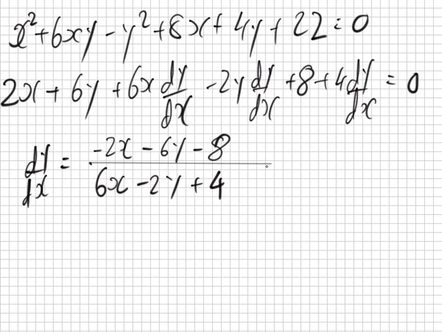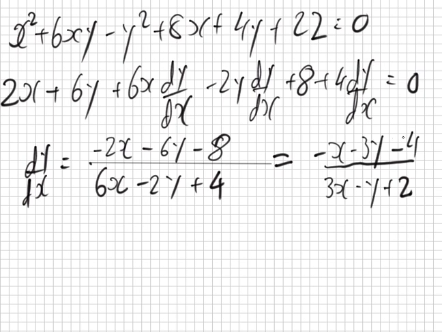Now, I'll divide everything by... I'm trying to think, should I use 2 or minus 2? Let's go with 2. So minus x minus 3y minus 4 over 3x minus y plus 2. Now they tell me that dy dx is equal to 3.